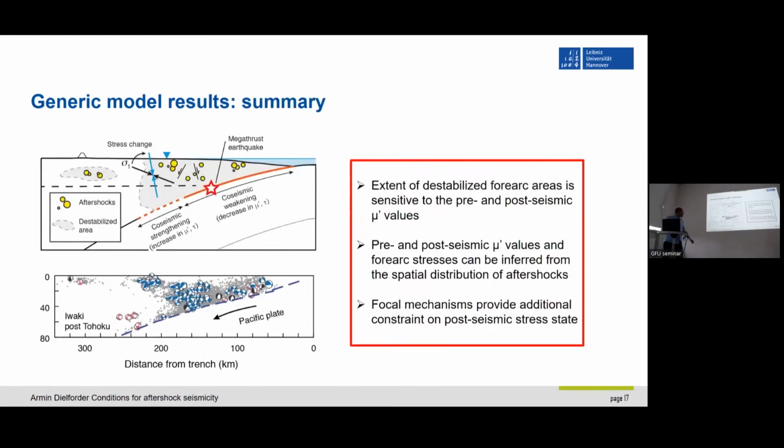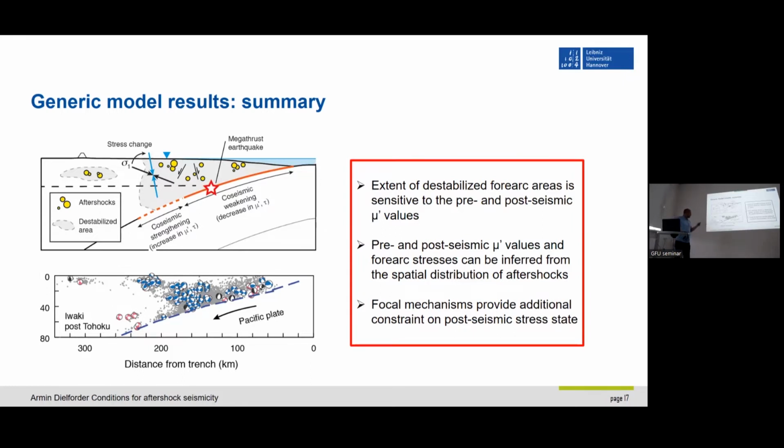So what we see is that the spatial extent within the forearc of areas that experience a stress change that is favorable for triggering aftershock seismicity is very sensitive to the effective frictional strength of the megathrust before and after the earthquake.